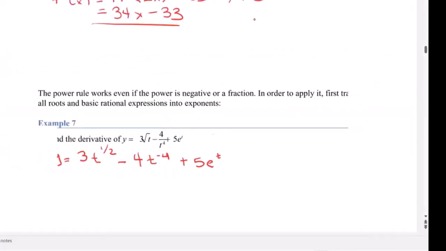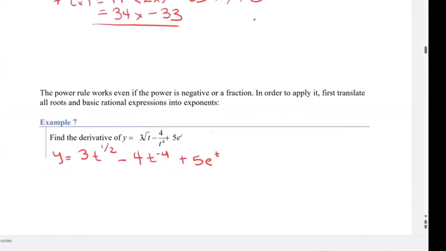All right, so let's start. This equals 3 times, remember the power rule: if f of x equals x to the n, the derivative is n x to the n minus 1.